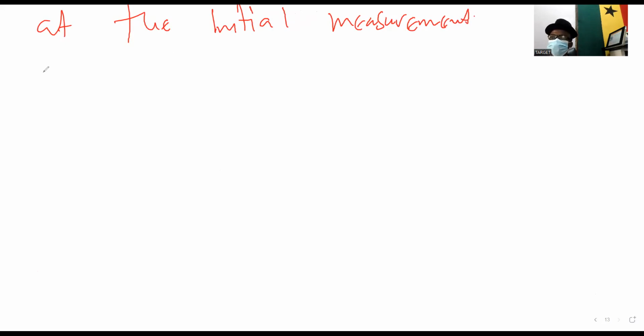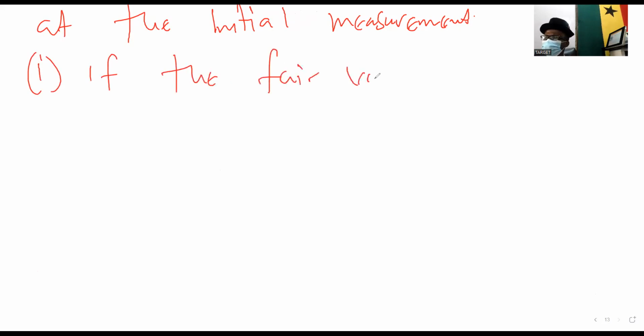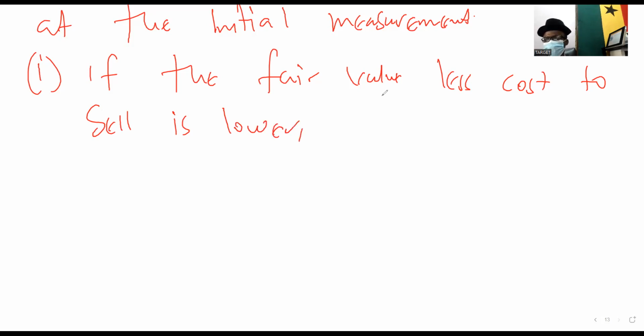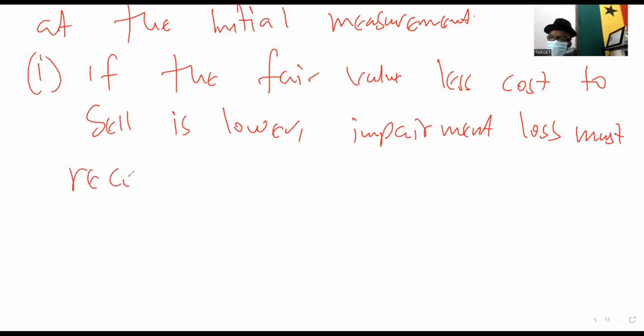One, if the fair value less cost to sell is lower, impairment loss must be recognized.